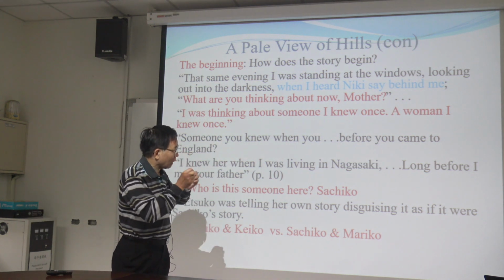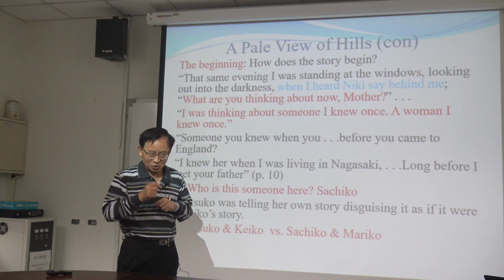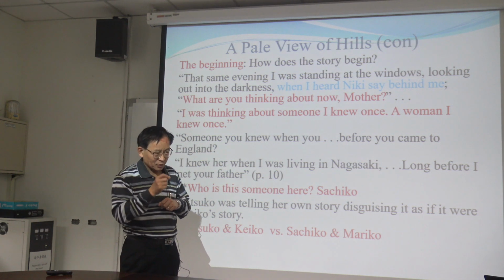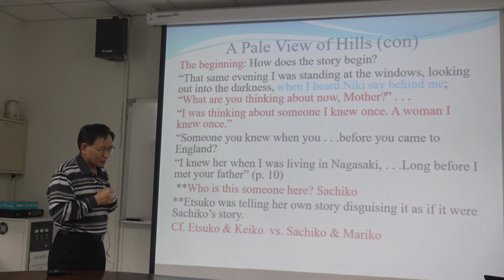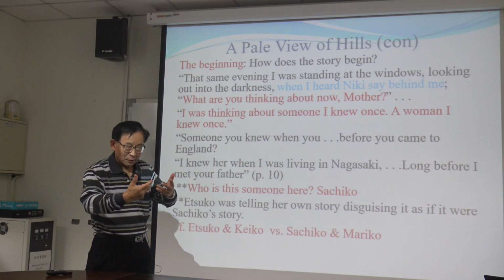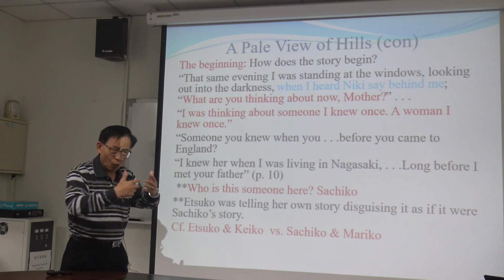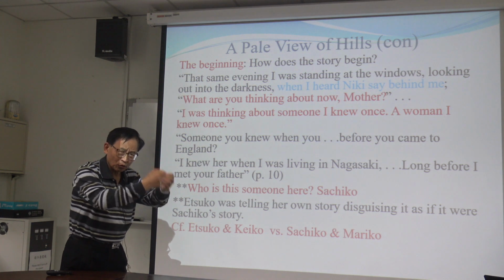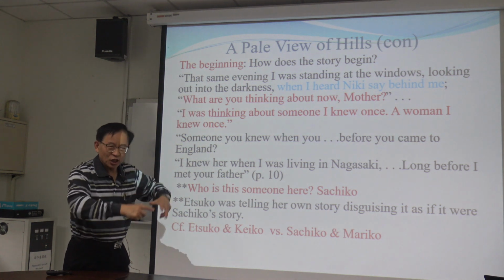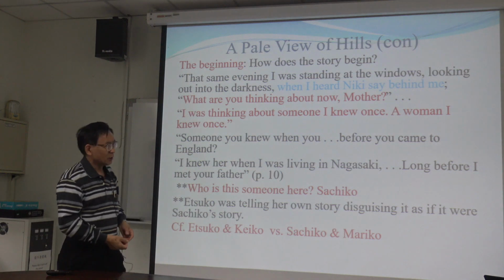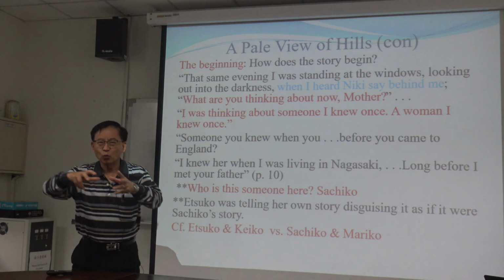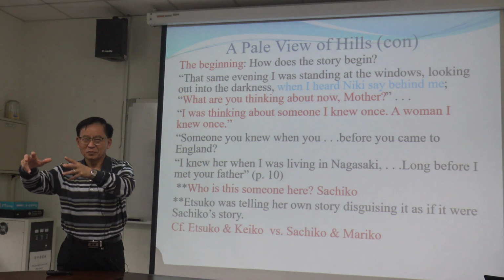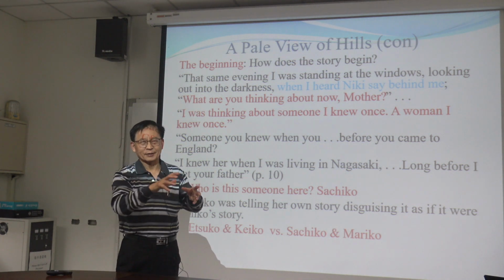So obviously, here is Etsuko, who needs to tell her own story, but she doesn't want Nikki to know the story she's telling is her own story. So she needs to invent some woman that looks like her.